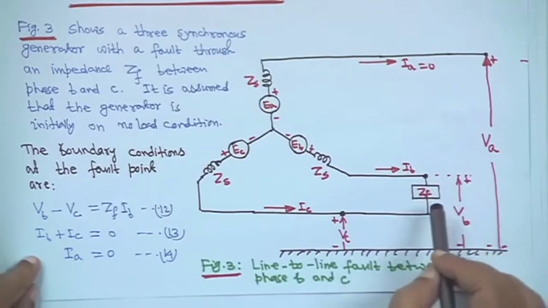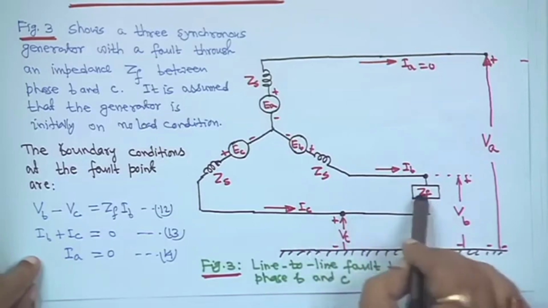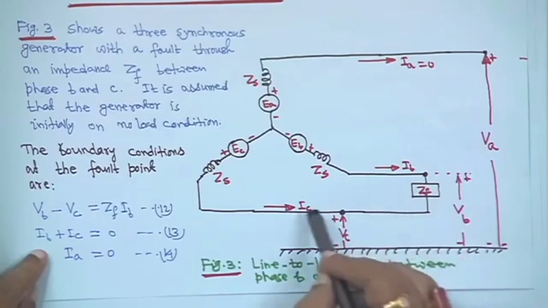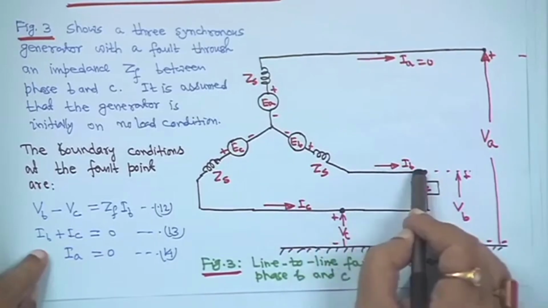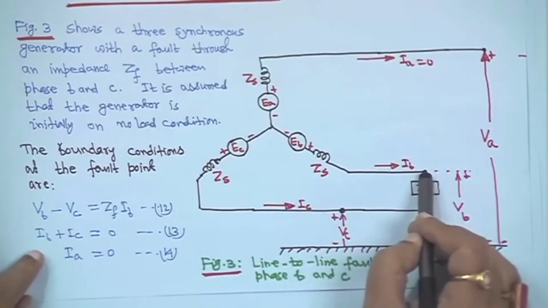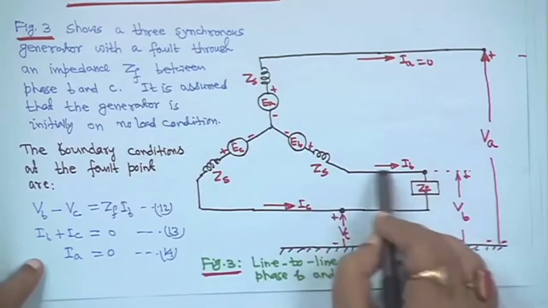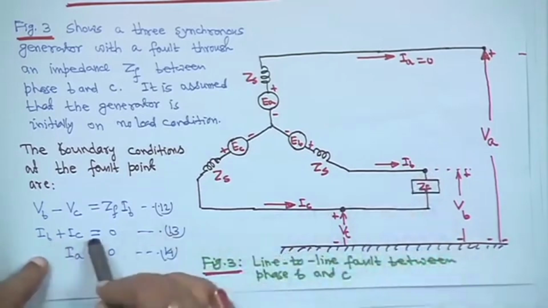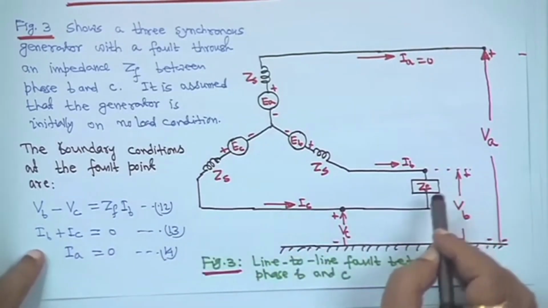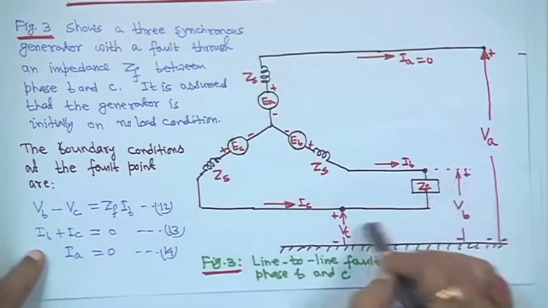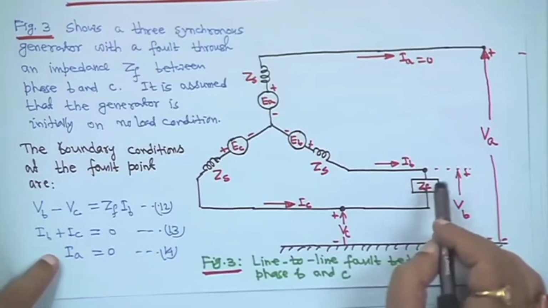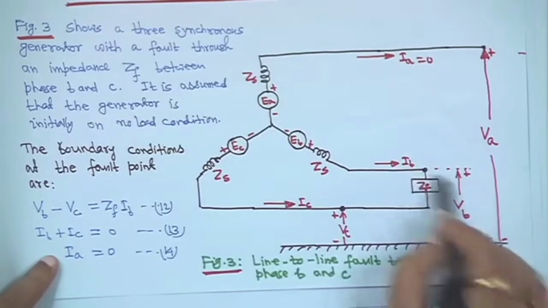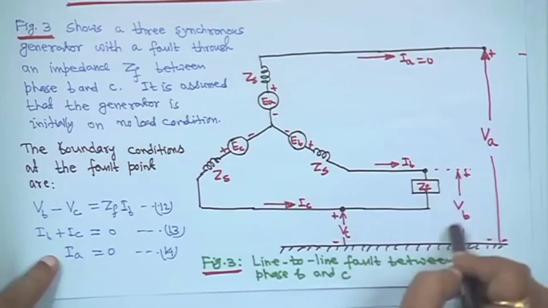But IC you have taken in this direction, IB in this direction, flowing in opposite directions. So, IB plus IC is equal to 0, and VB minus VC will be ZF into IB, if you apply your KVL this way.